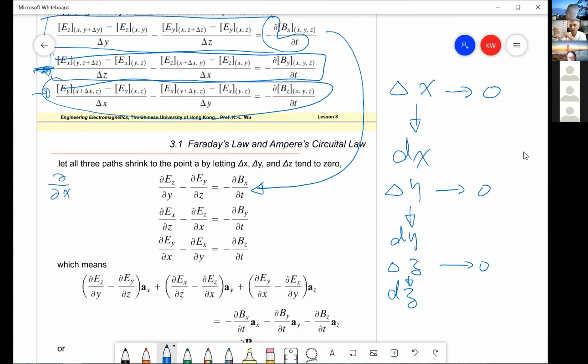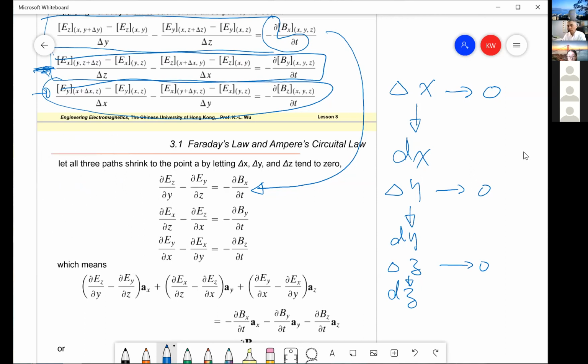Partial x means take the derivative with respect to x with the other variables y, z, and time constant. So this is what the partial derivative means. Actually, this is not my job. This is your mathematics teacher's job.